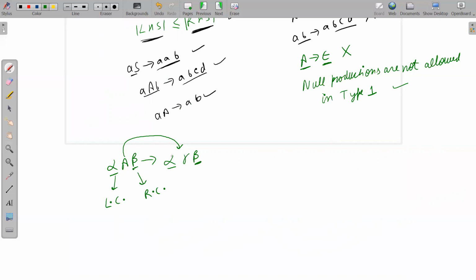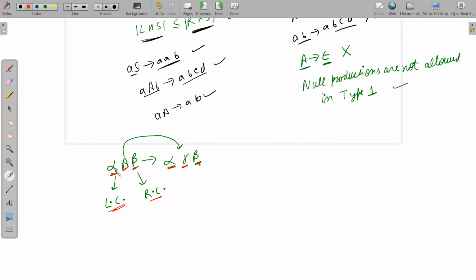So these are not changing. Please remember this thing: alpha is not changing, beta is not changing, A is changing to gamma.